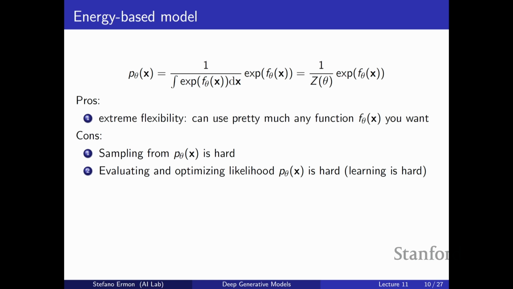But to actually evaluate a probability, you have to divide by this normalization constant, which is in general very expensive to compute. And that hints at why sampling is hard. If you don't even know how to evaluate probabilities of data points efficiently, it's going to be pretty tricky to figure out how to pick an x with the right probability. Even evaluating the probability of a data point is hard.